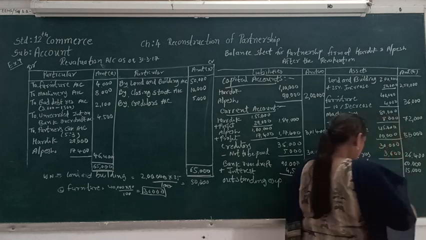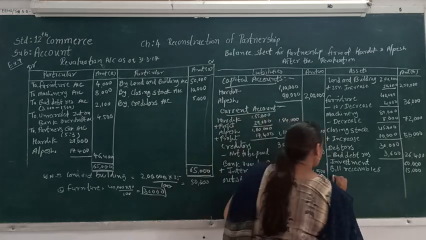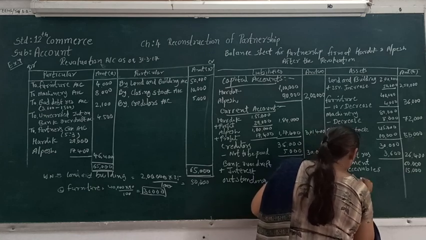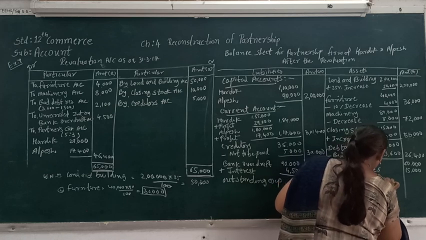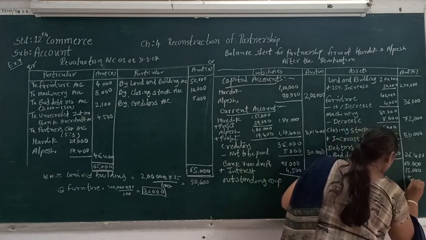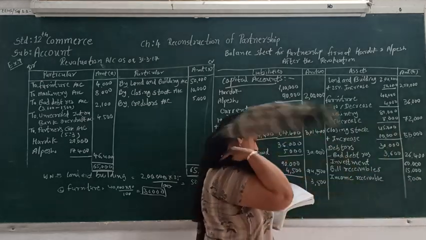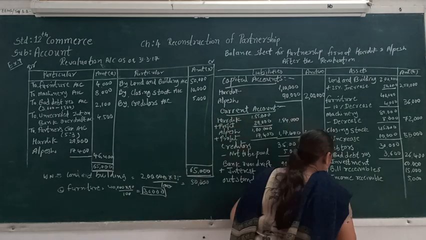Then the next thing is income receivable, and it is of 5,000. Then the next thing is cash balance, and cash balance is of 1,10,000.